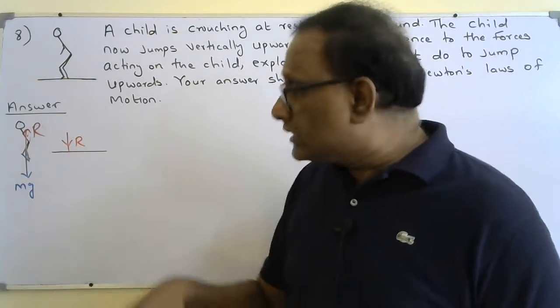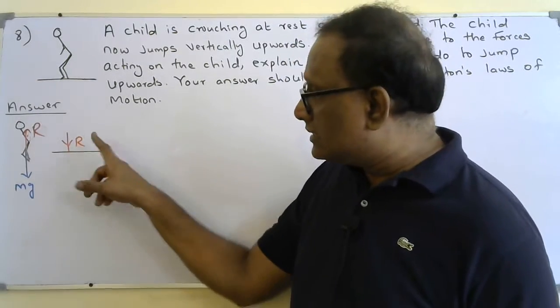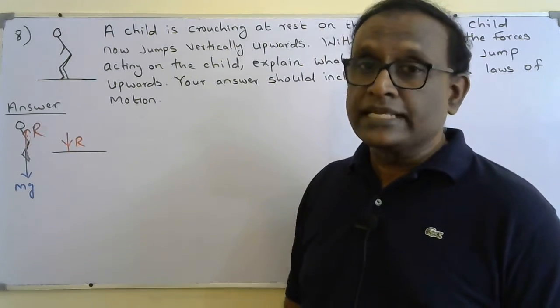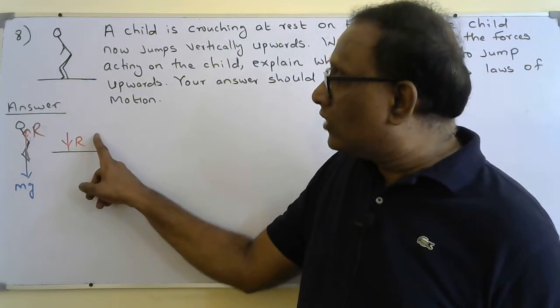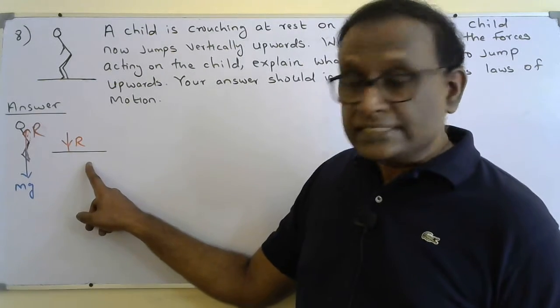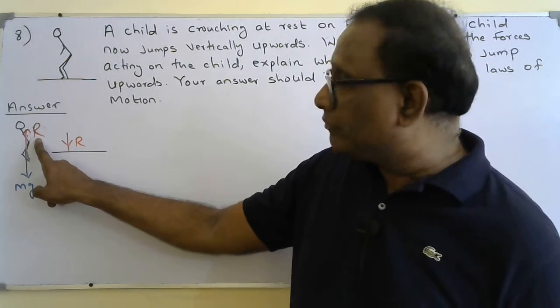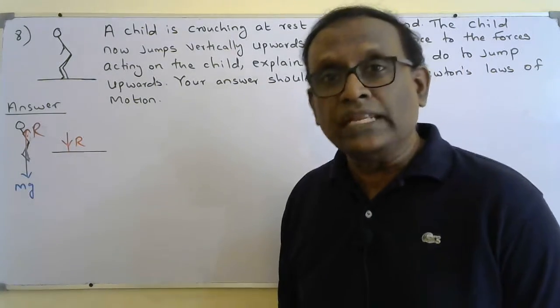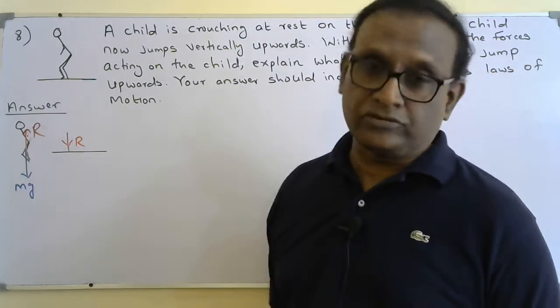But he should push the ground harder using his muscles, and make R greater than mg. When he pushes the ground harder, according to Newton's third law, the force exerted by the ground on the child also will increase, because they are a Newton's third law pair of forces.